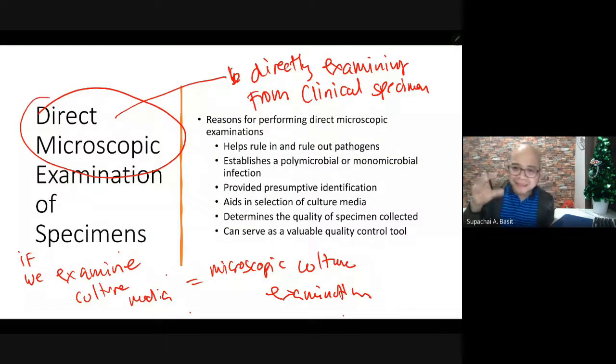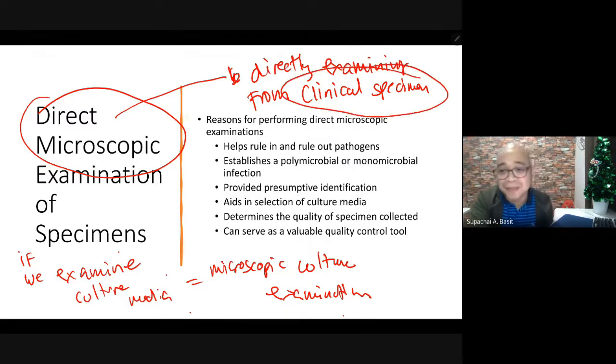So when we do direct examination, it means it comes from a clinical specimen from the list of accepted clinical specimens that I have mentioned a while ago. It helps rule in and rule out pathogens, and establishes polymicrobial or monomicrobial infection.